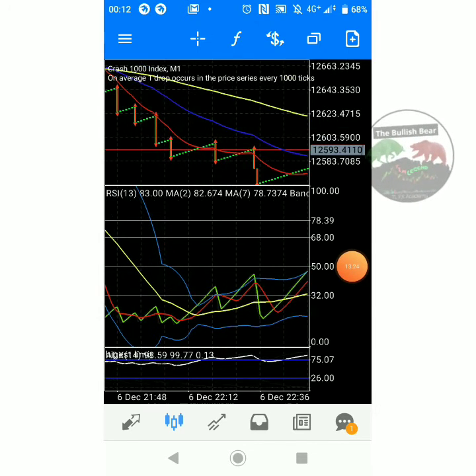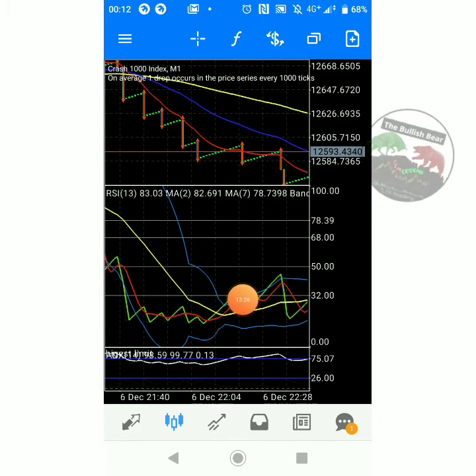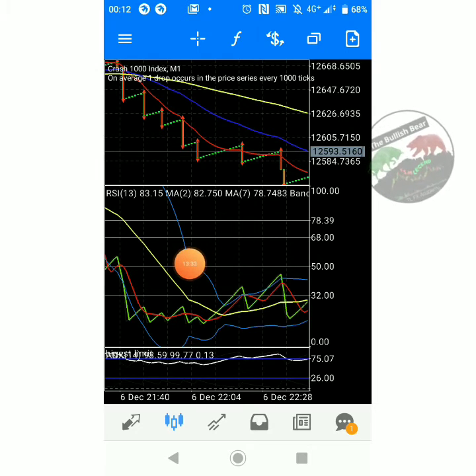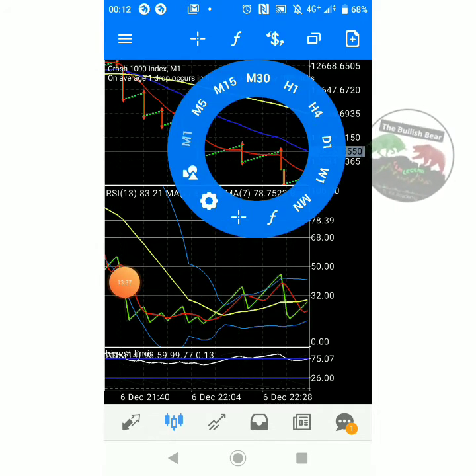Okay, when you want to catch several spikes, you observe the green line is down, and the yellow line is far away, then you know that the market has to get to the yellow line with spikes if it's a downtrend.